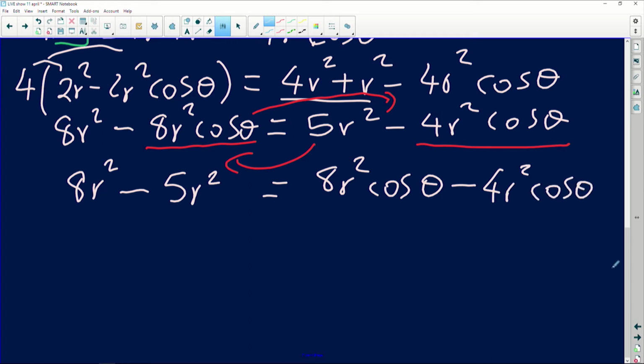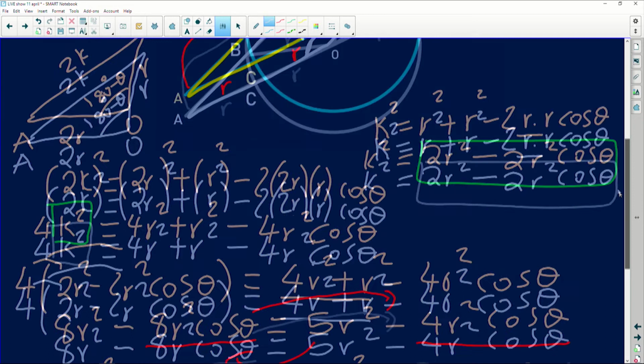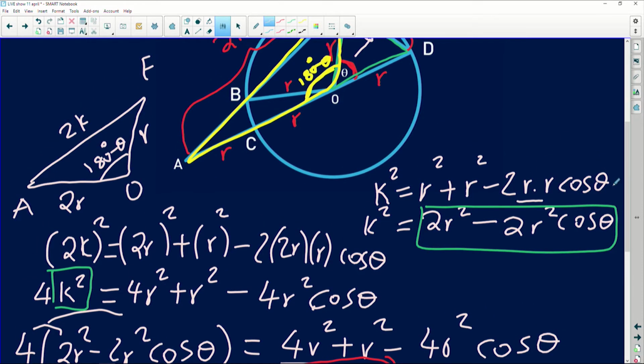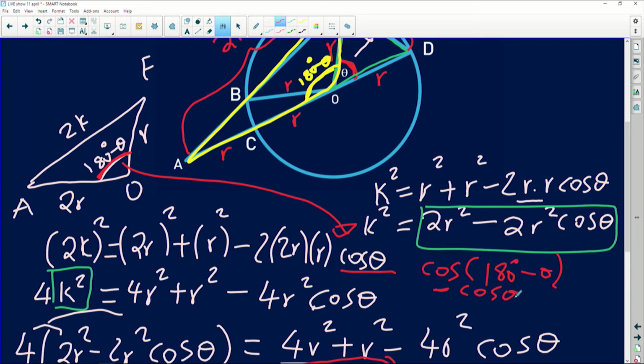Okay, if you look at this question, there's a little bit of a mistake that we made right here. The angle that we're dealing with in this question is 180 minus theta. So if I resubstitute that angle here, it is not cos of theta, but it is the cos of 180 minus theta, which when you reduce, since it's the second quadrant, is going to give us negative cosine of theta, which means the sign that we are dealing with here is not negative but positive cos of theta.